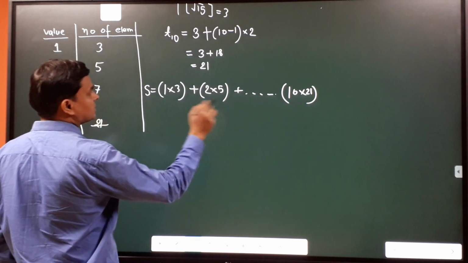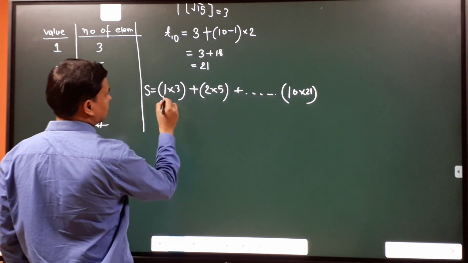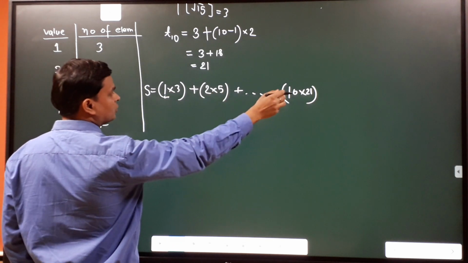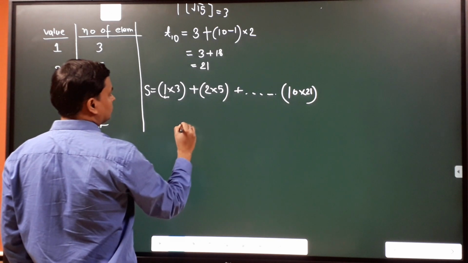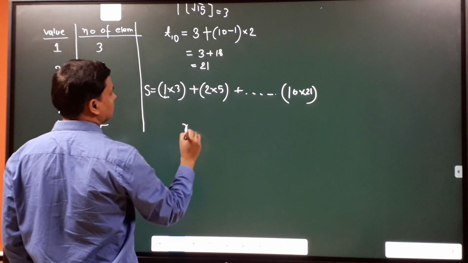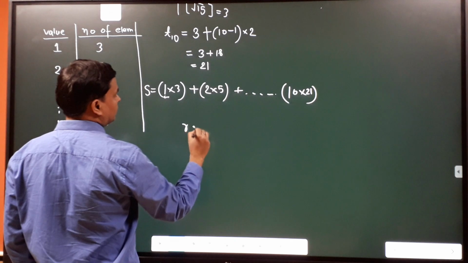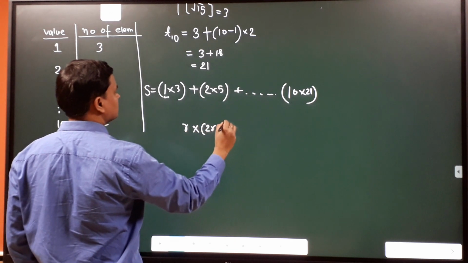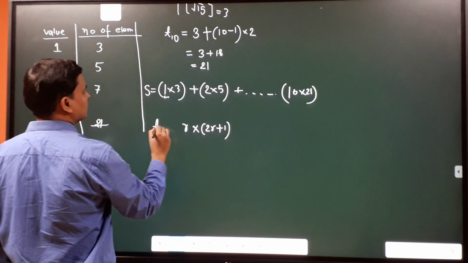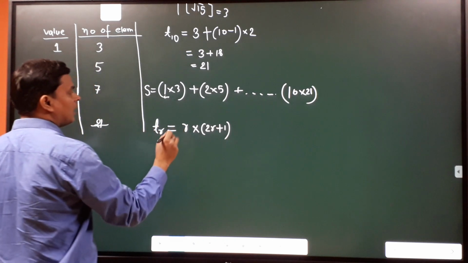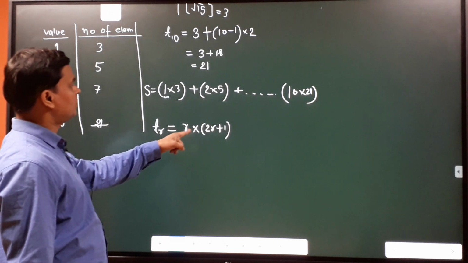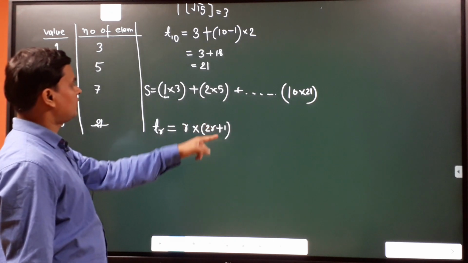What will be the rth term? 1 into (2 plus 1), 2 into (2 times 2 plus 1), up to 10 into (2 times 10 plus 1). So the rth term, that means t_r, is r into (2r plus 1). If you put the value 1 here, you get 1 into 3, for 2 you get 2 into 5, like this.